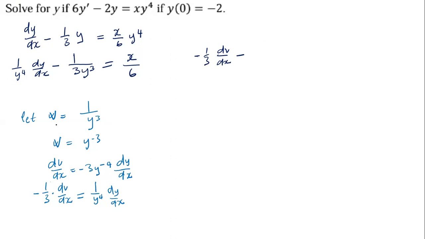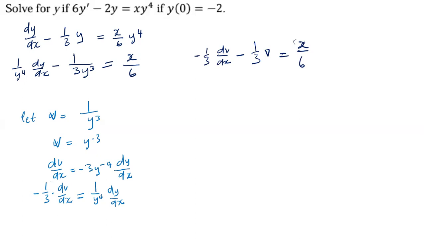Remember, our v is equal to 1 over y to the power of 3. So that means it is going to be 1 over 3 multiplied by v. Okay? Because we can say 1 over 3 multiplied by 1 over y is the same thing. So be careful. Make sure your algebra is on point as well. And therefore, there we have x over 6.